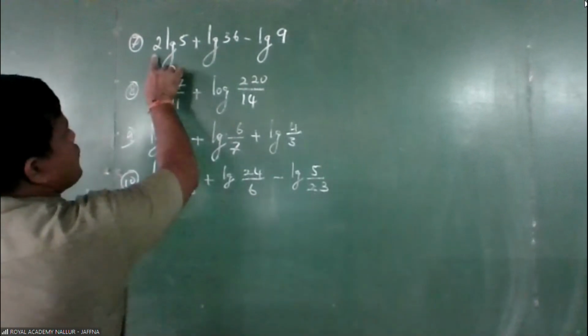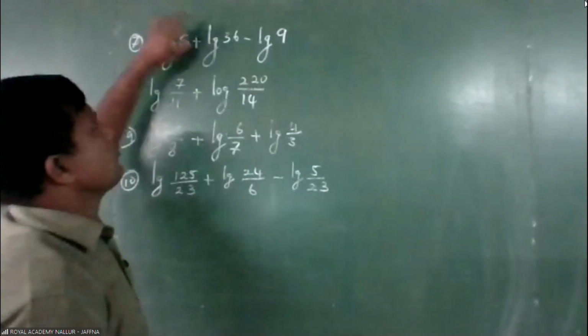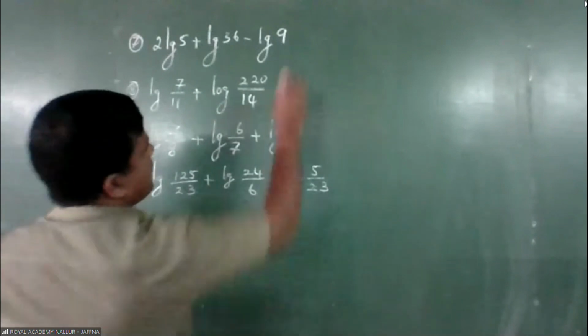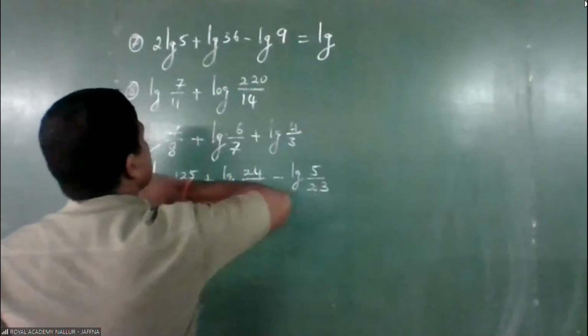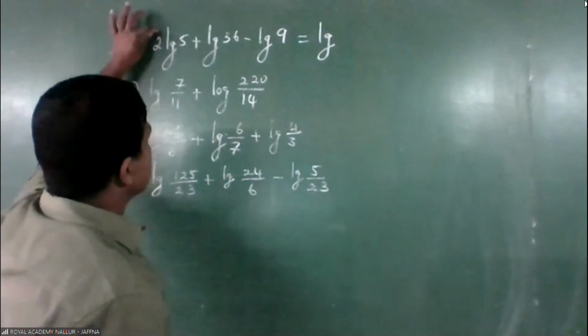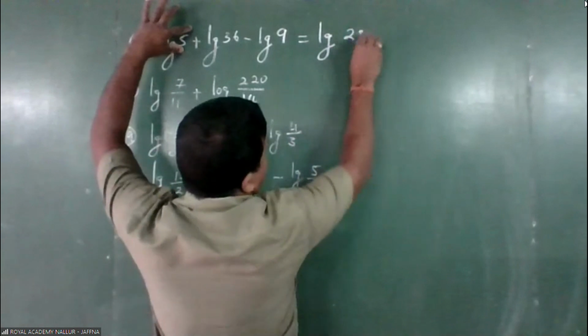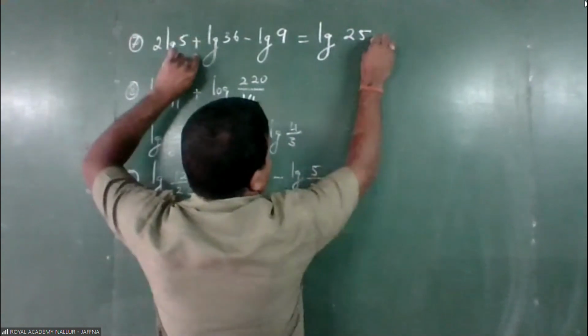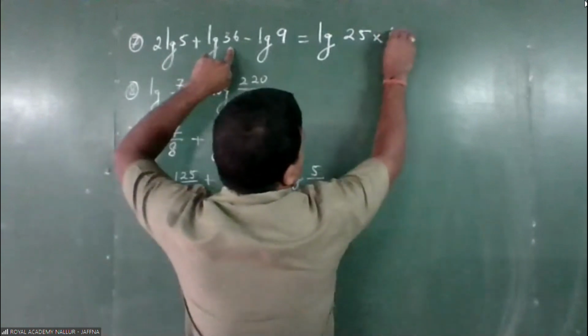Now these 2 becomes the power of 5. Then 5 to the power 2 will be 25. When you take the common logarithm, the rule is reversed. Then this 2 will be here, 5 to the power 2, which is 25. When it is addition, conversely, this is multiplication, 36.